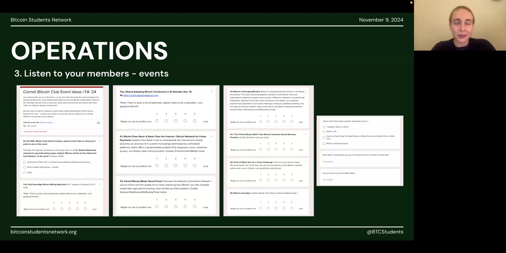Events are a really good way to build those bonds amongst your community members and also engage other clubs on campus and strengthen those ties. For instance, number 5 on here is a proof of work run-for-a-cause challenge. You might think that the running club and the Bitcoin club have nothing in common, but actually, we know Hal Finney ran and ran Bitcoin, so you could create an event like that. Then both groups are learning things from each other.